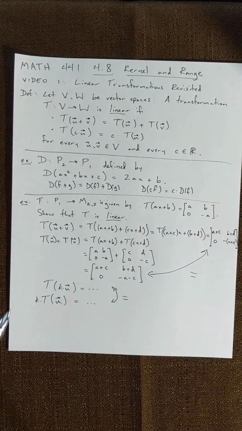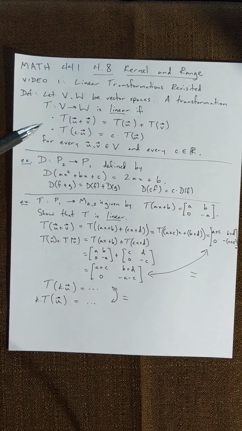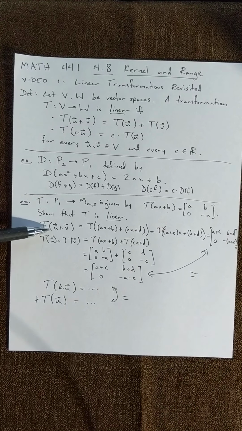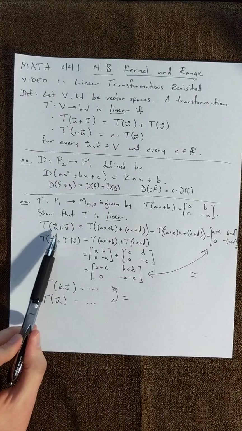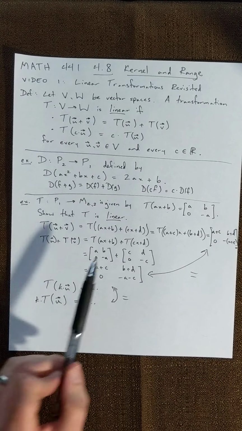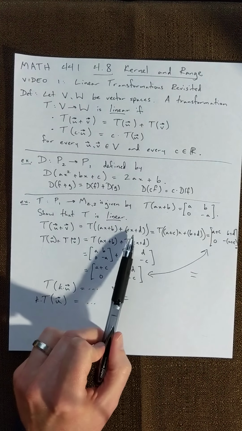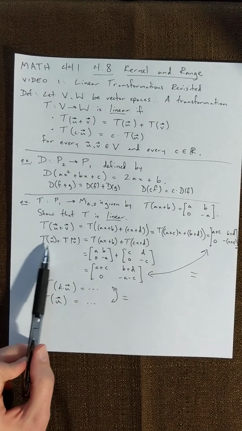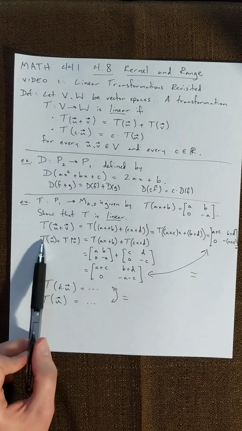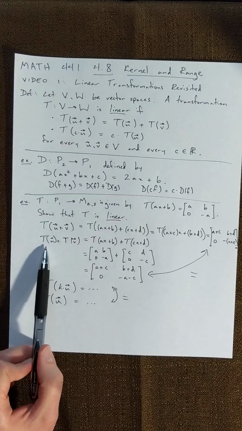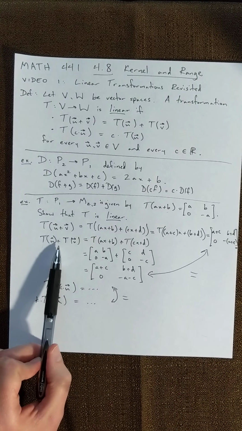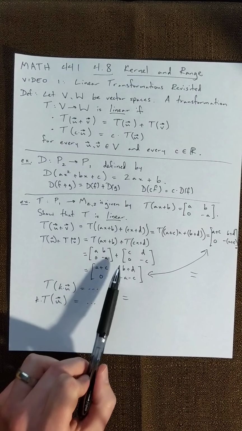What I wanted to talk about is where exactly these additions are happening. When we're taking this sum right here, T of u plus v, u and v were polynomials. They were in P1, and so this addition is how you would add two polynomials. Over here though, T of u plus T of v, T of u spits out a matrix, T of v spits out a matrix. So this plus right here is actually talking about the sum of matrices.